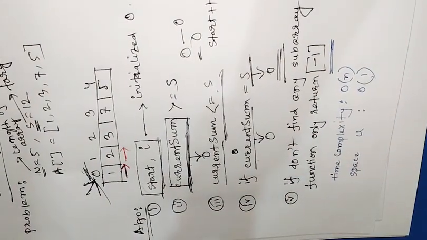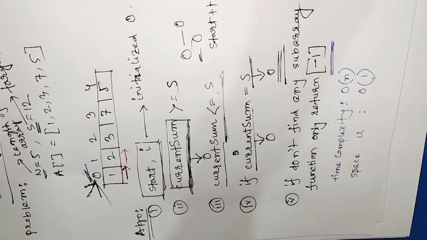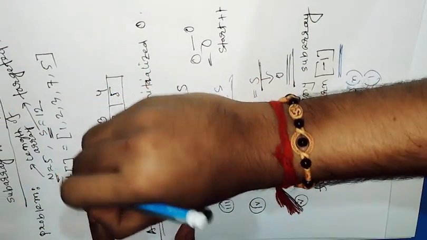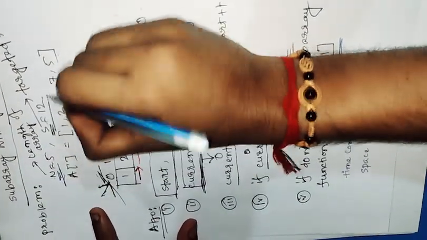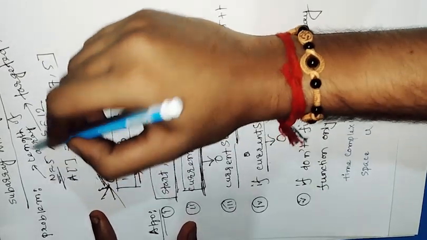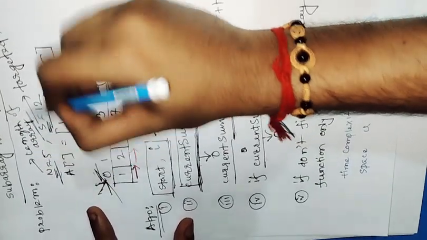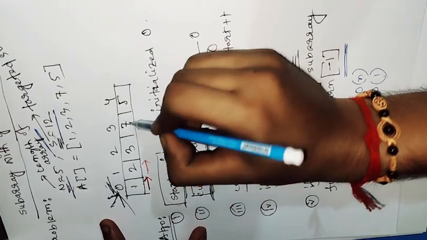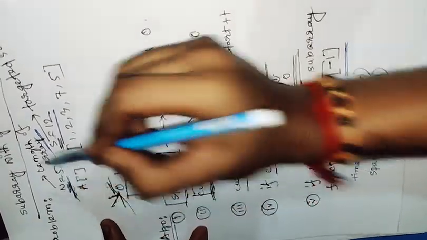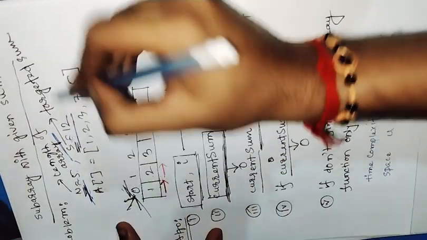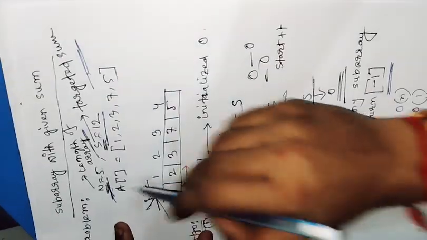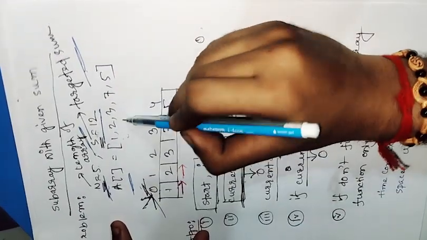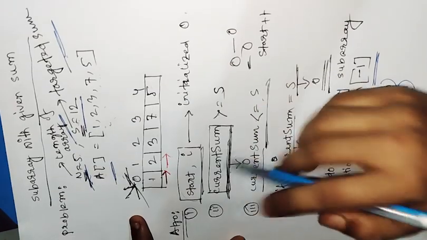So, to summarize: our problem is n equal to 5, s equal to 12. n is the length of the array. Here 1, 2, 3, 4, 5. n is the length of the array, s equal to targeted sum, and array equal to 1, 2, 3, 7, 5.